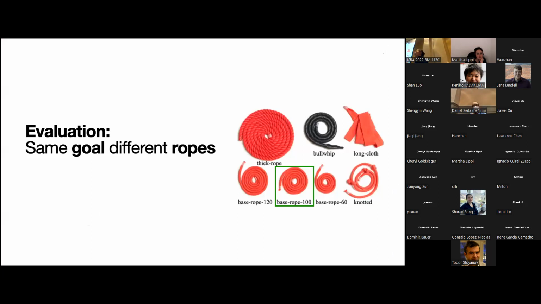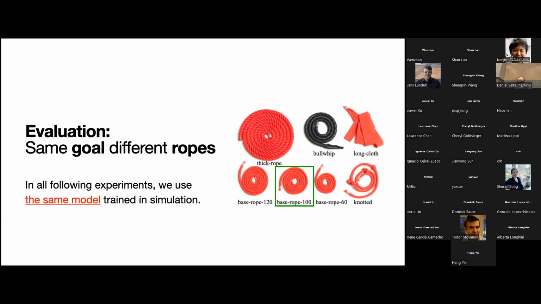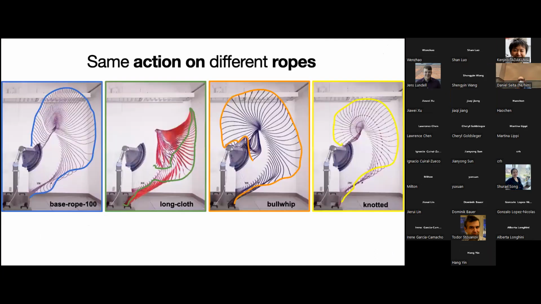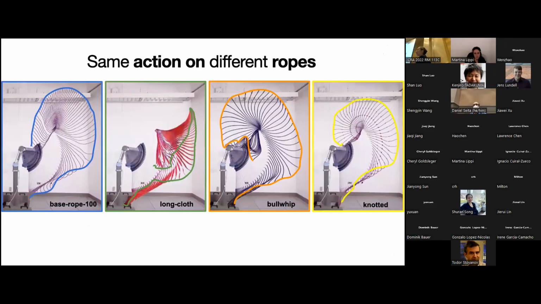In our evaluation, we try to evaluate the system's generalization capability to different ropes with different physical parameters. Again, in all the following experiments, we're going to show you the results of using the same model trained in simulation. A lot of the ropes that we test on are quite significantly out of distribution.